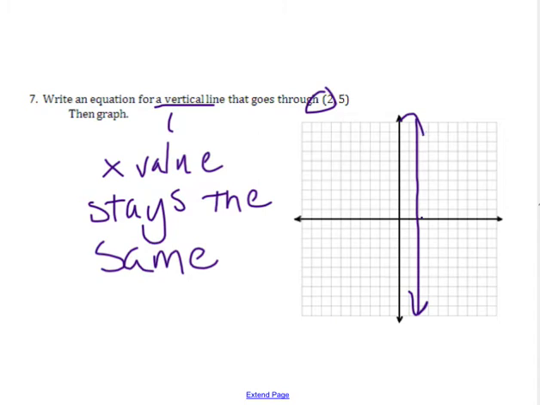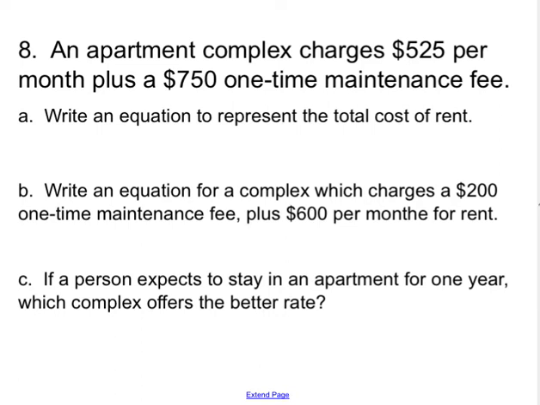Let's take a look at this word problem. An apartment complex charges $525 per month for rent, plus a $750 one-time maintenance fee. Okay, so per month tells me that it represents the slope. So if we're talking per month, we're representing the slope.